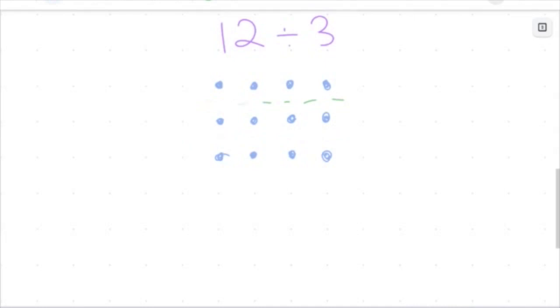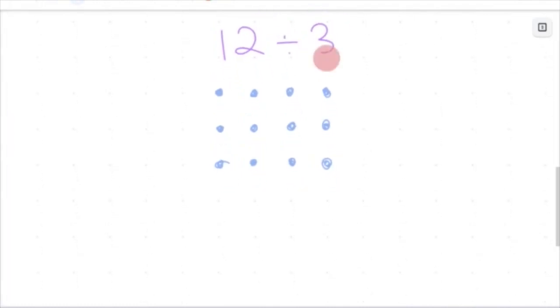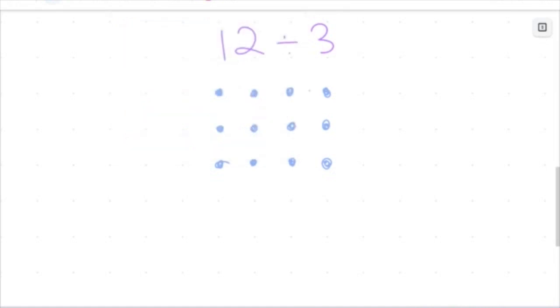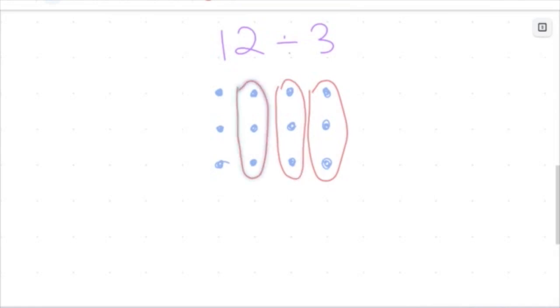But if we want to go through it in the way we just spoke about, let's ask ourselves, all right, we'll work backwards a little bit. We'll say, how many times does 3 go into 12? That's another way we can think of division. So let's think of that as, okay, how many times does 3 go into 12? How many 3s make up 12? So I'm going to say, well, I have one group of 3, another group of 3, another group of 3, and one final group of 3.